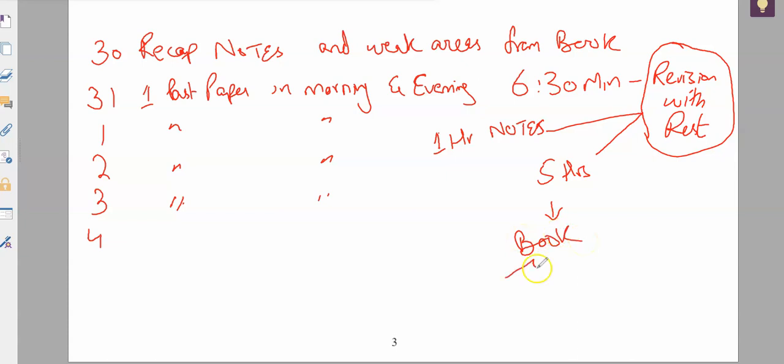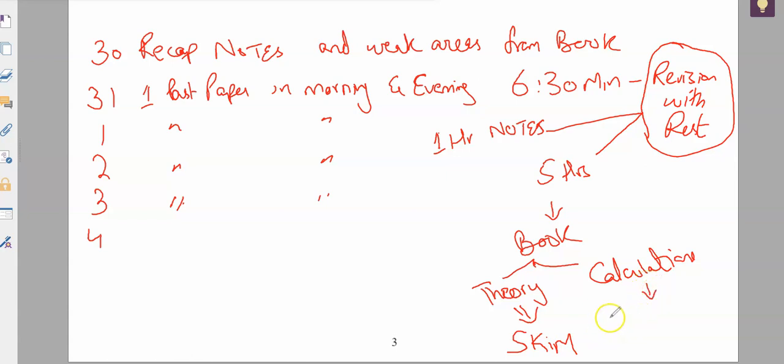The book has 2 things: theory and calculations. For theory you have to skim it. But for the calculations, spend time understanding.